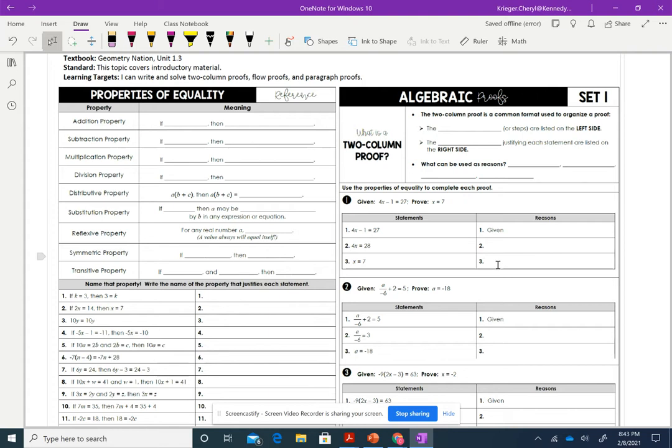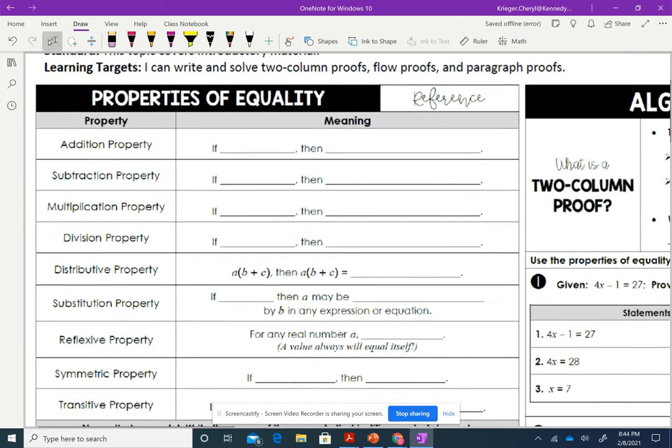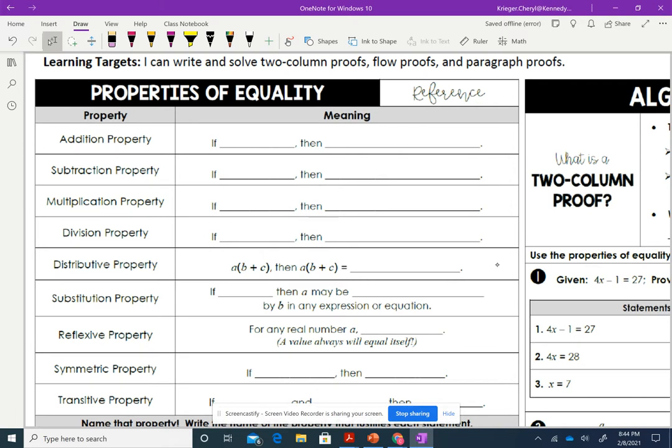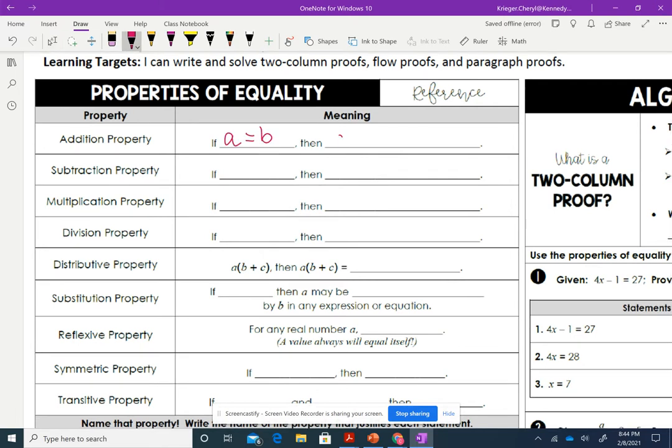You already know these. The addition property says that if A equals B, then we get to say A plus C is equal to B plus C. The subtraction property of equality is if A equals B, then A minus C is equal to B minus C. Right?